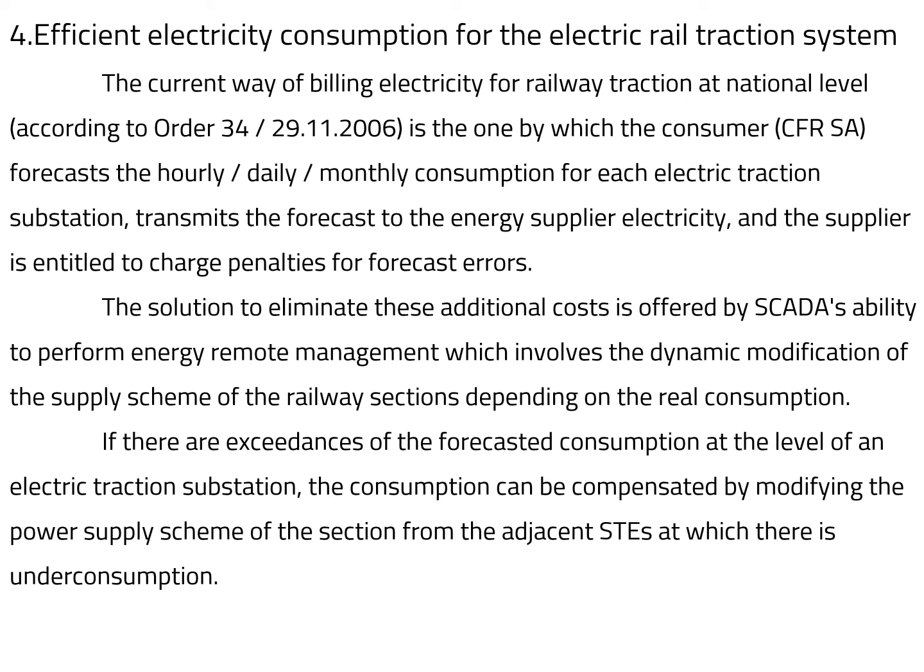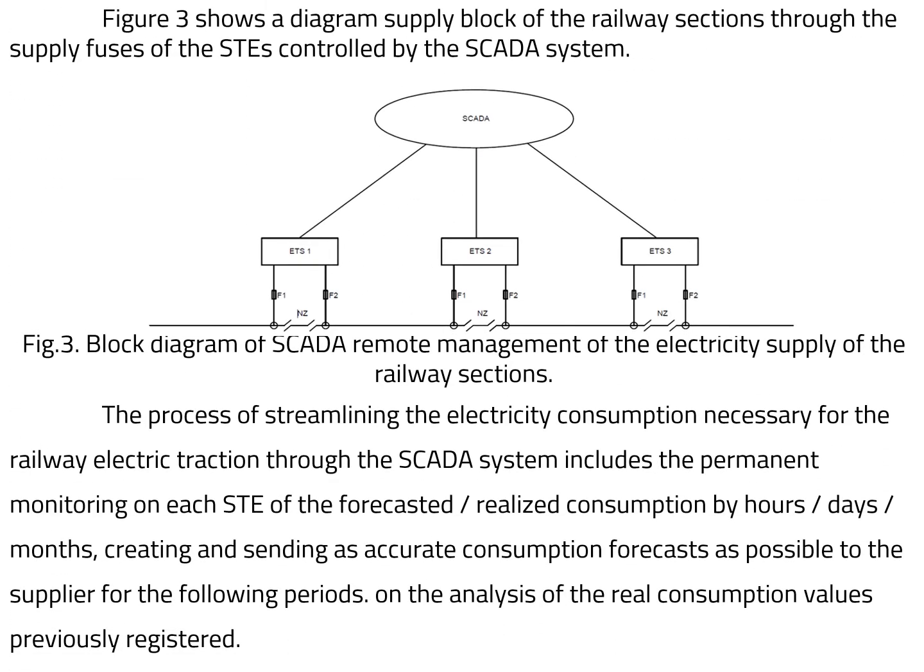If at any time the forecasted consumption is exceeded at the level of one electric traction substation, the consumption can be compensated by modifying the power supply scheme of the section from the adjacent ETSs at which there is underconsumption. Figure 3 shows the electrical supply of the railway sections through the supply fuses of the ETSs controlled by the SCADA system.